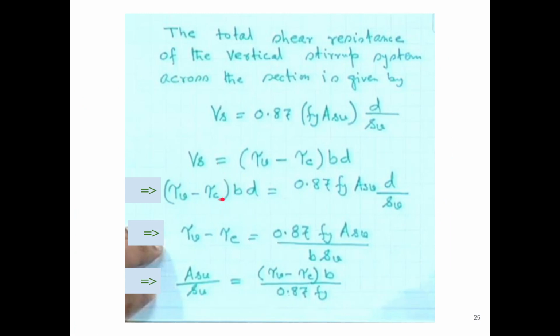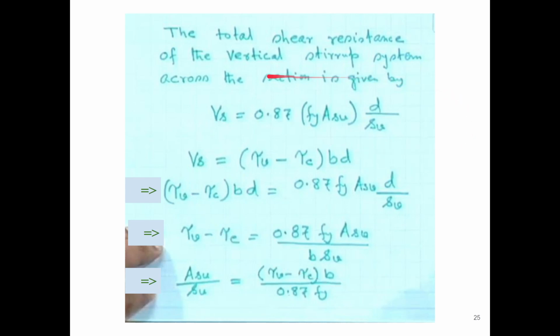In that case tau v minus tau c is taken as 0.4, as given in the code itself. The formula is Asv by b into sv should be greater than or equal to 0.4 by 0.87 fy. So that is the third case.